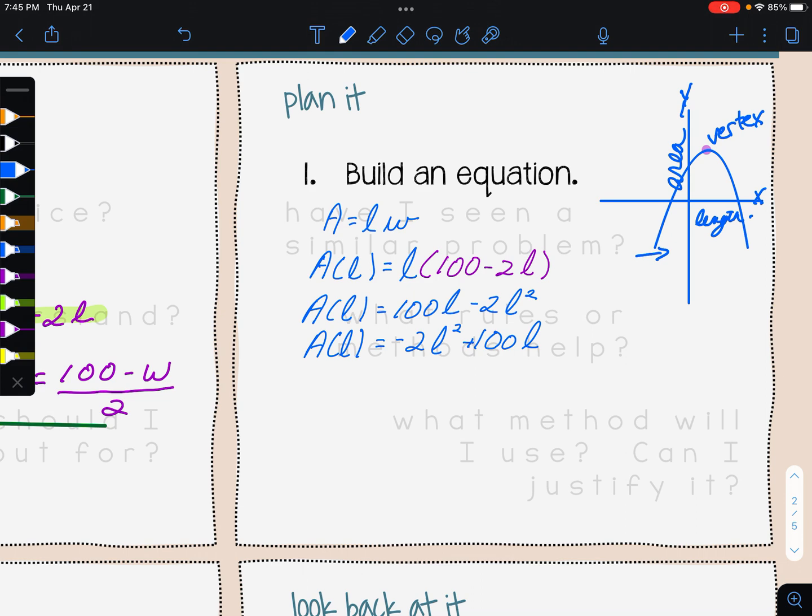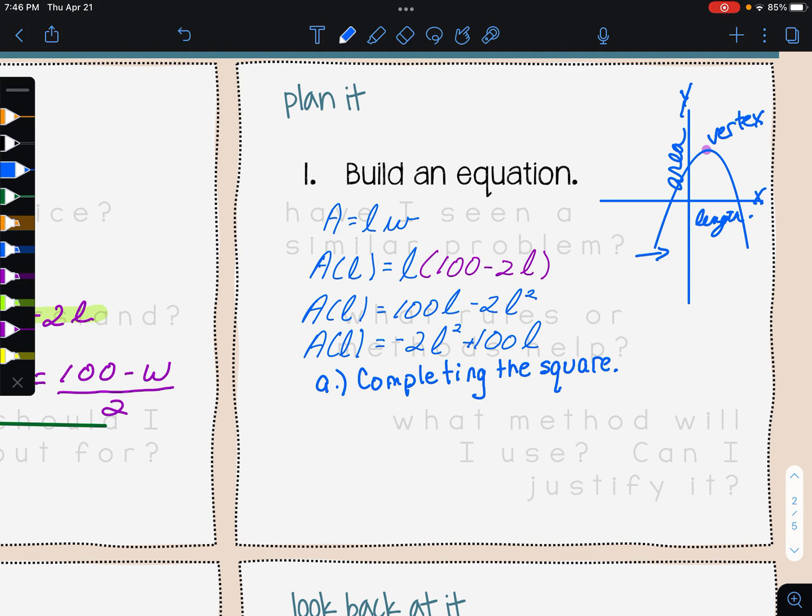We talked about there being two ways. The first way is we could take this equation and write it in vertex form. Do you remember what we could do? We could use completing the square, but Mrs. A is not a fan.